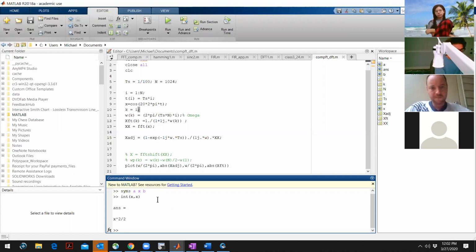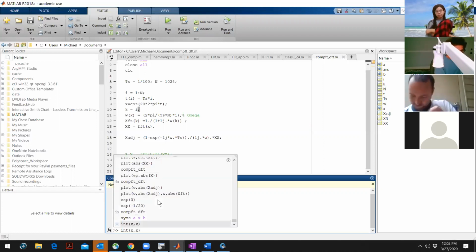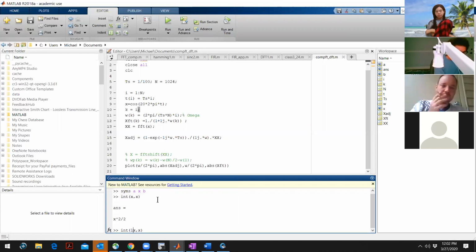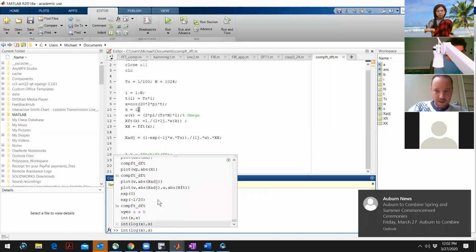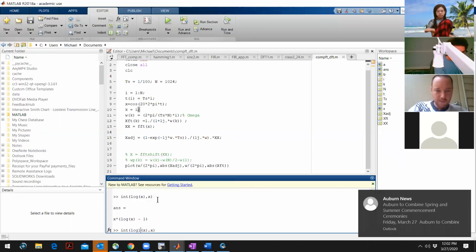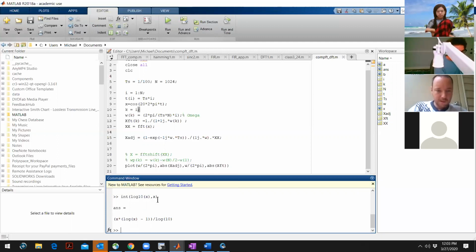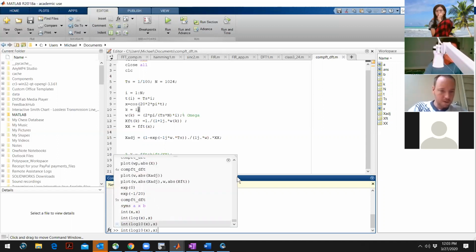Yeah, it did it. So then if I integrate, oh, it's log in MATLAB. Log of x is the natural log of x. Let's see what that is. X times log of x minus 1. And the integral of log base 10 of x is going to be similar. Y'all see it? Yeah. All right. Symbolics are great.